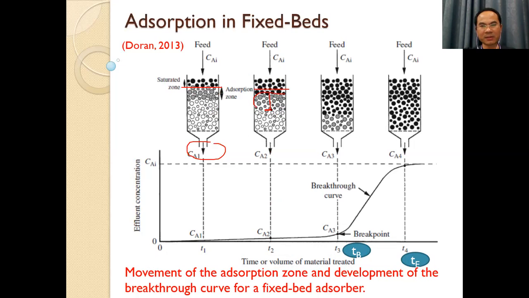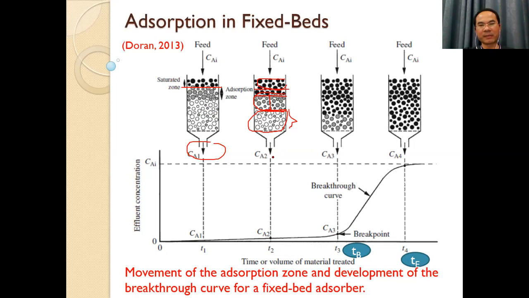This is the adsorption zone, this is the saturated zone, and this is the unused adsorbent. As the feed continues to flow, the level of the saturated zone increases and the height of the unused zone decreases.